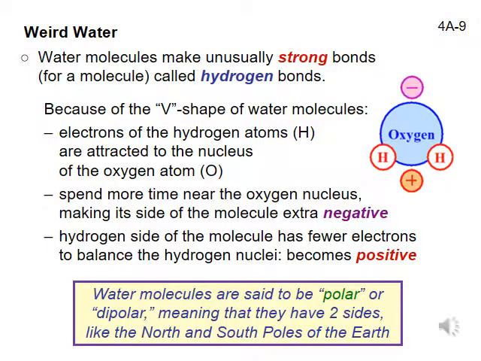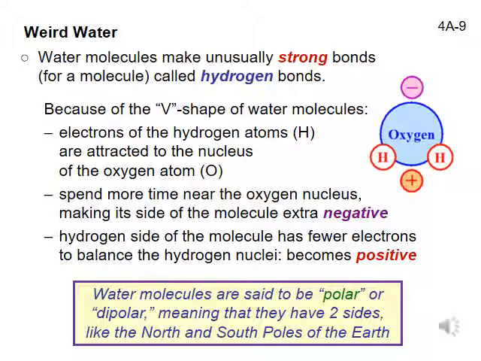Slide 9. Water molecules and hydrogen bonds. The hydrogen atoms are not symmetrically distributed about the central oxygen atom, but are offset to one side. In other words, the hydrogen atoms are on one side of the water molecule, forming a V shape. The large oxygen nucleus, 8 protons, exerts a stronger electrical pull on the electrons than the hydrogen nuclei, 1 proton each, so the hydrogen atoms' electrons spend more time near the oxygen nucleus than their own nuclei.